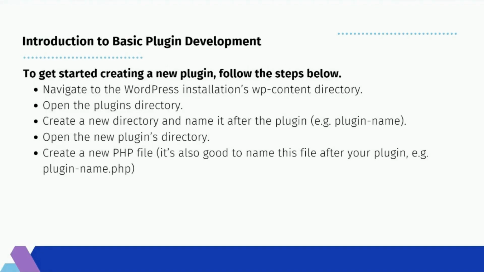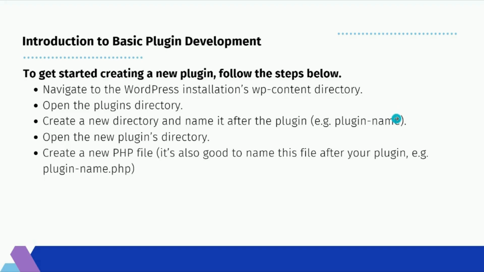Introduction to basic plugin development. To get started creating a new plugin, follow the steps below. Navigate to the WordPress installation wp-content directory. Open the plugins directory. Create a new directory and name it after the plugin, for example plugin-name. Open the new plugin directory.